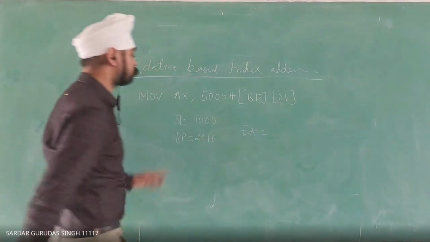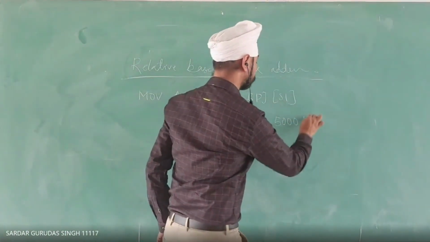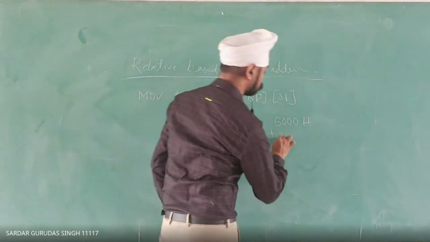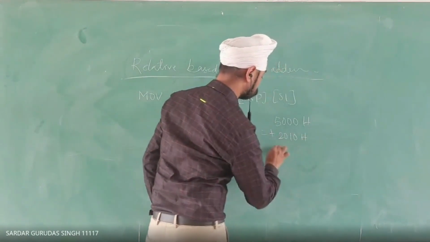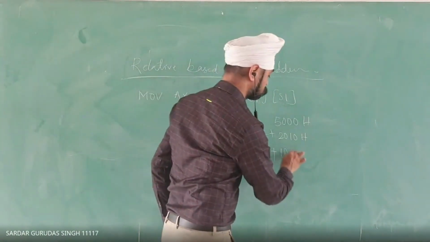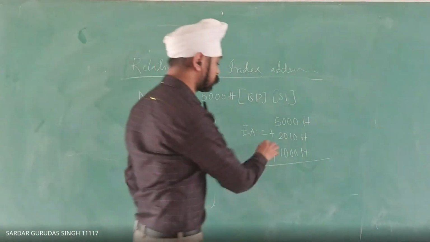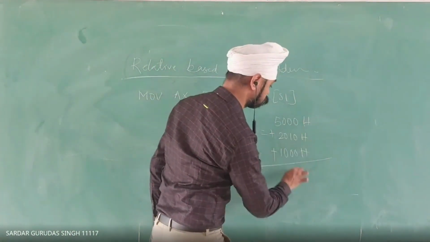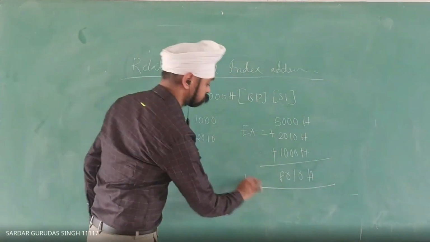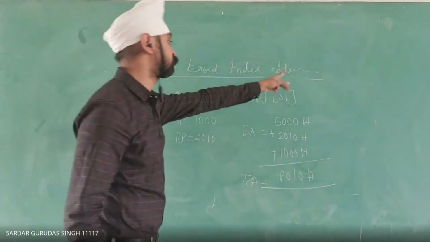Effective address is formed by adding 5000H plus base register content, that is 2010H, plus index register content, that is nothing but 1000H. So overall, the effective address is nothing but now 8010H. So this is how you will get the effective address in this relative based index addressing mode.